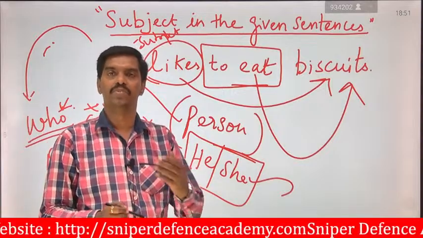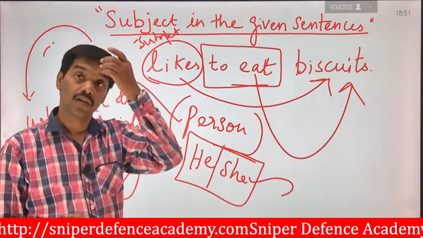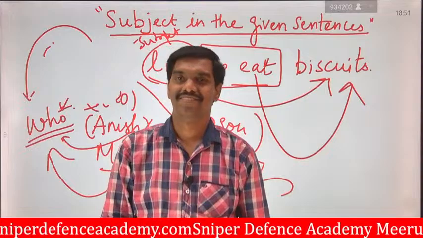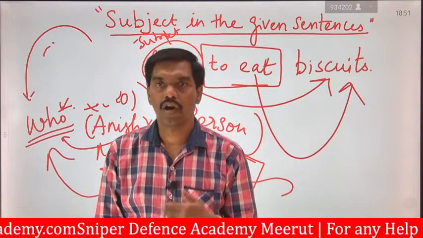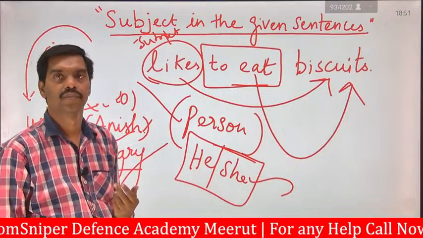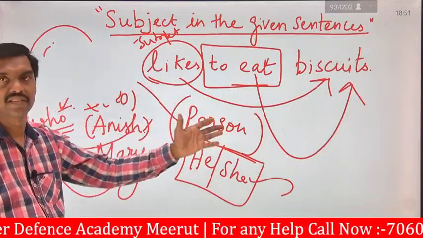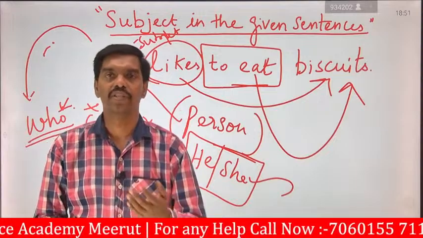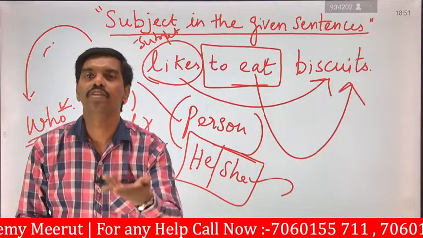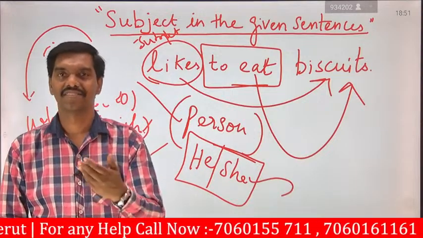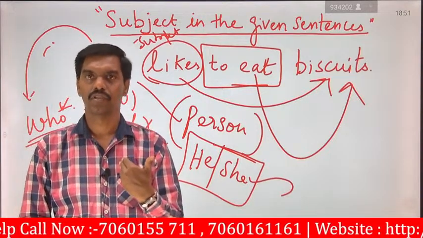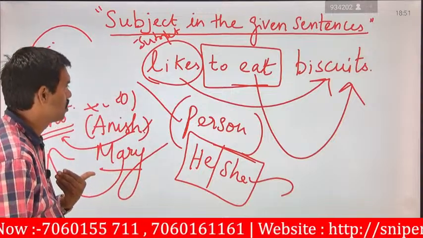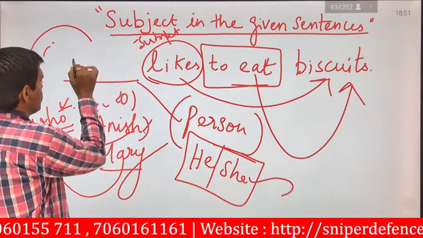Who likes to eat biscuits? That is the question you would ask the other person. It has no meaning: who likes? Whom? What is the reason? When you ask these questions, the subject is missing.